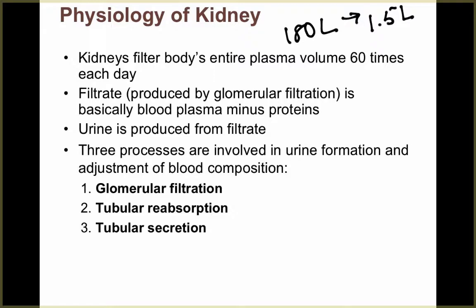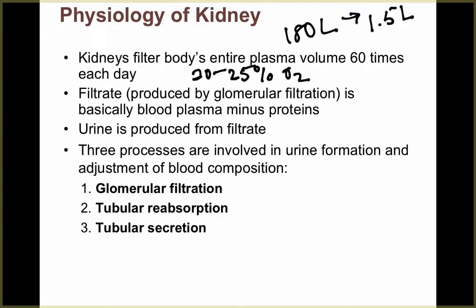Basically, this process uses quite a bit of energy, so it consumes about 20 to 25% of the oxygen used by the body at rest. Essentially, the filtrate produced by the glomerular filtration that we talked about, that anatomy, is basically blood plasma minus proteins.